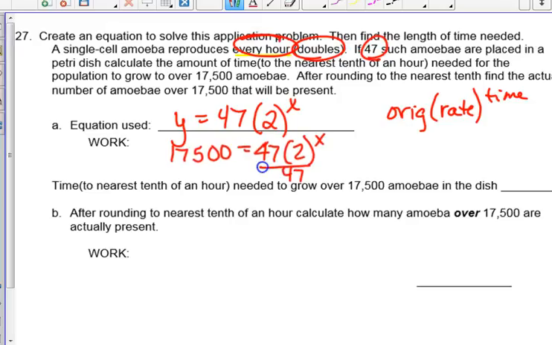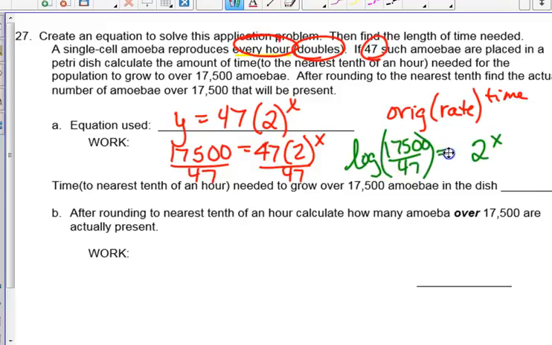Remember, you have to divide by the 47 first. Which is a nice, disgusting number. I'm just going to leave it. Because then I'm going to take the log of both sides, whatever kind of log you want, whatever base. This comes out in front.